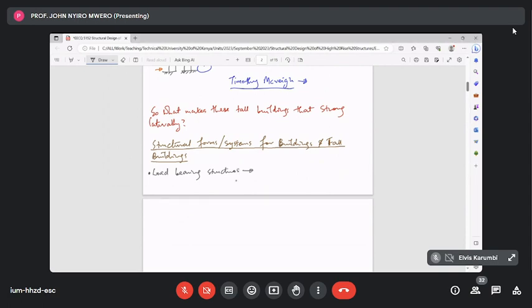These kinds of structures transfer loads to the ground purely through masonry walls.